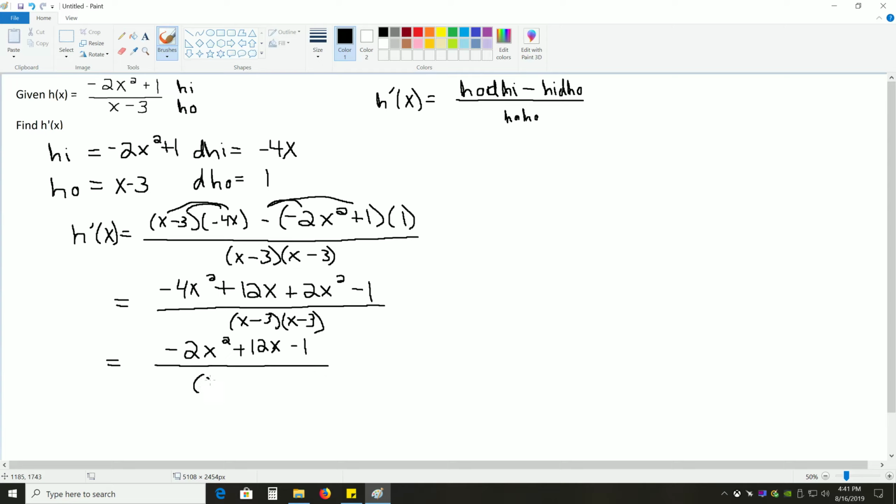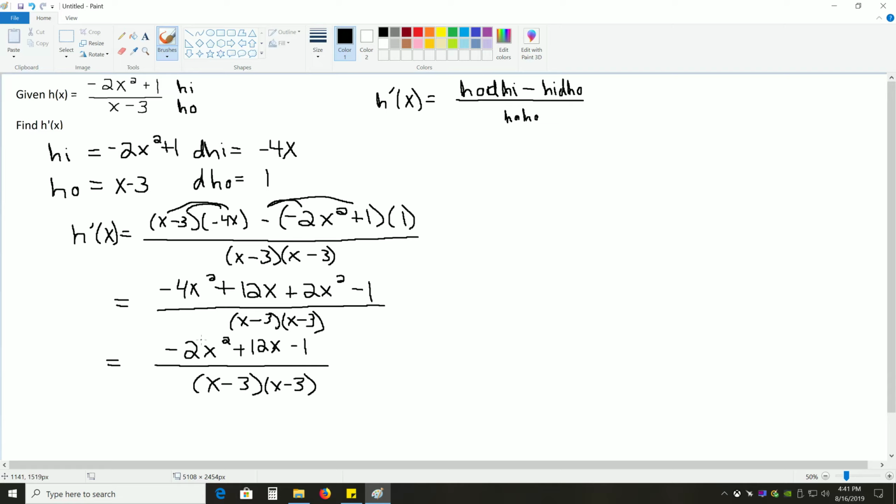And at this point, we would just check to see if negative 2x squared plus 12x minus 1 would factor. It doesn't. You could do this with the middle out method or guess and check. Either way, once you end up multiplying this negative 2 and this negative 1 together, we can't find any combination that would add or subtract to give us this positive 12.